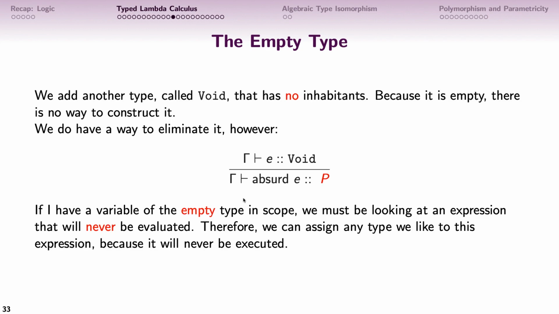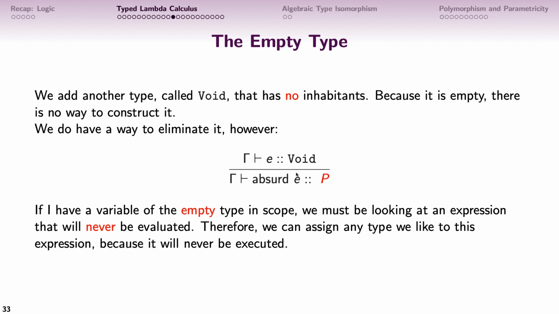So if I have a variable of this type in scope, right? If I have a value E of type void, then this expression cannot be evaluated. I know that it won't be evaluated because it's impossible to have a value of type void. So if there is something in scope of type void, then this expression here will never happen.